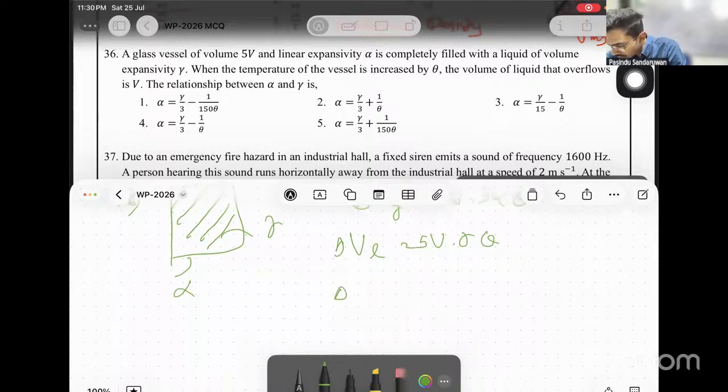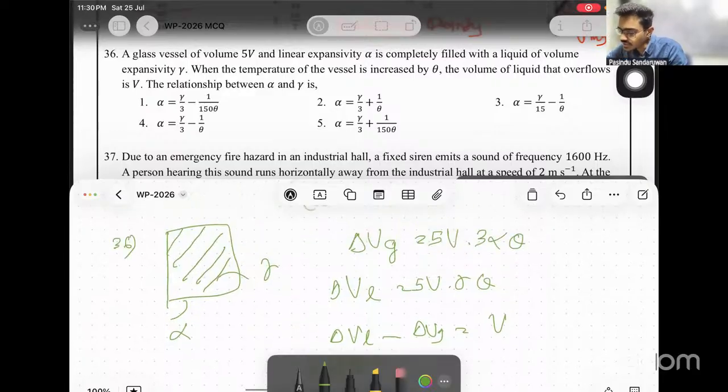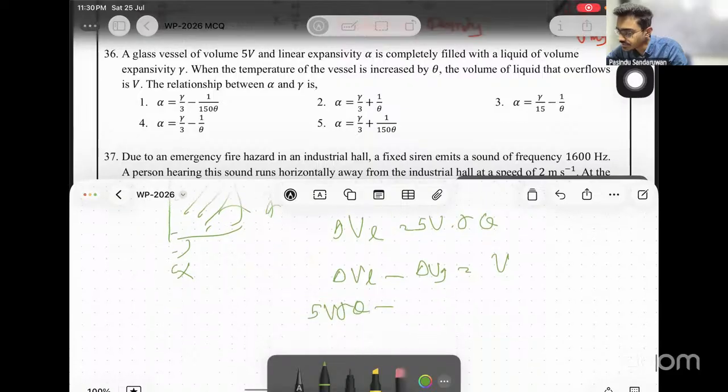Then delta V liquid minus delta V glass is the spilled out part, the liquid that overflows, that is equivalent to V. Then delta V_L is 5V gamma theta, no? That is 5V gamma theta minus delta V_G, which is 5 times 3, 15, 15V alpha theta.